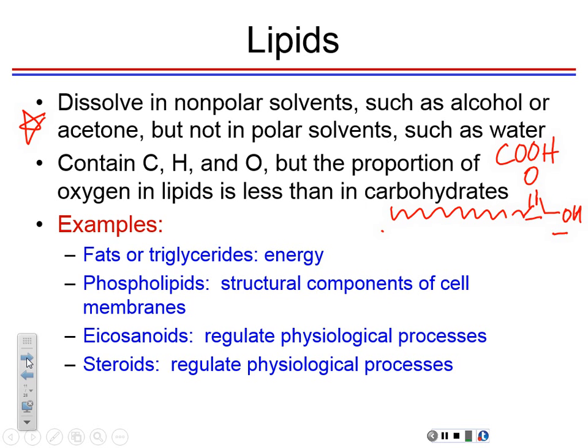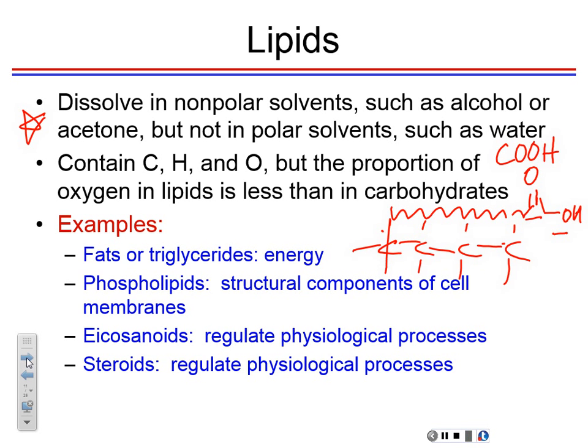Unsaturated would be double bonds, and saturated, it's saturated with the H plus. So it will have no reactivity whatsoever. It will just have C with single bonds, and then H's over here.